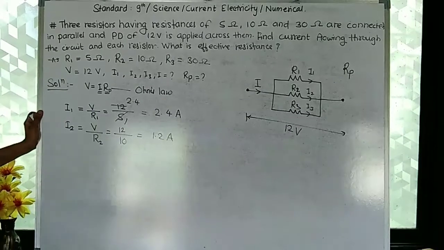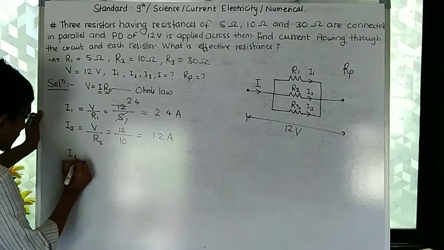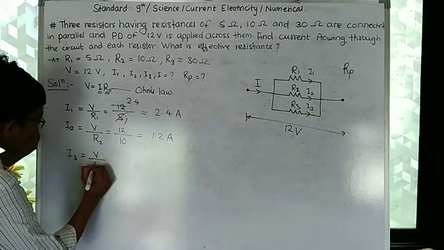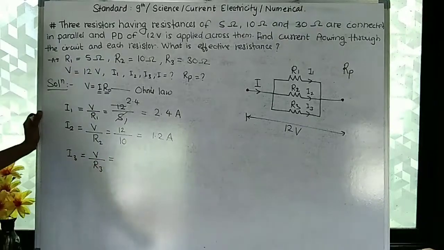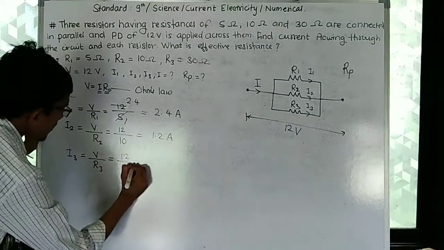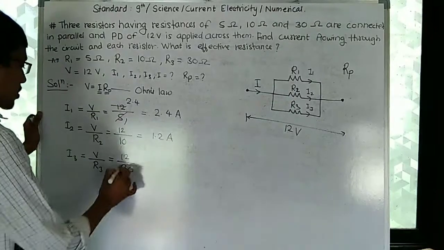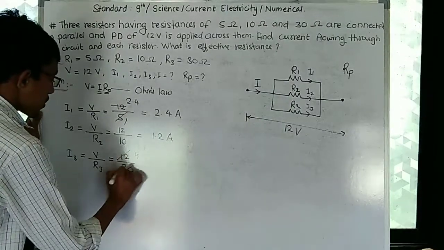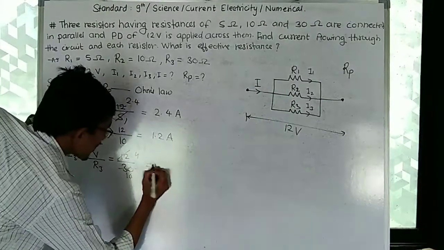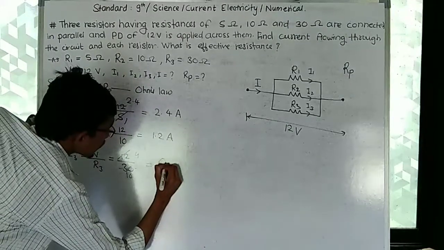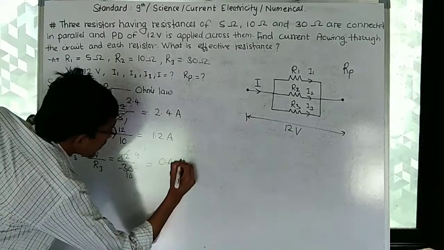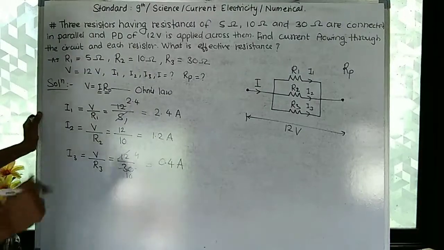Then I3 is equal to V upon R3. What is the value of R3? It is 30. So 3 fours are 12, 3 tens are 30. So we get the value of I3 as 0.4 ampere.